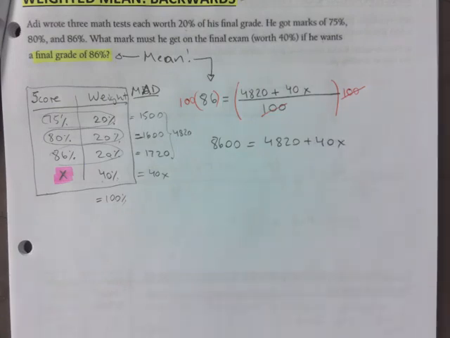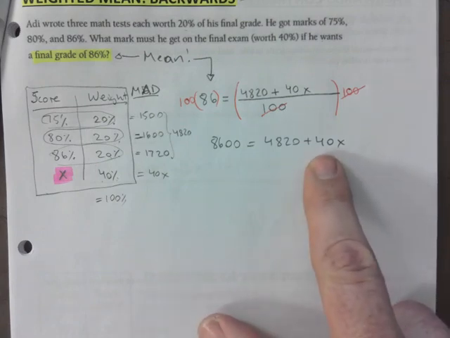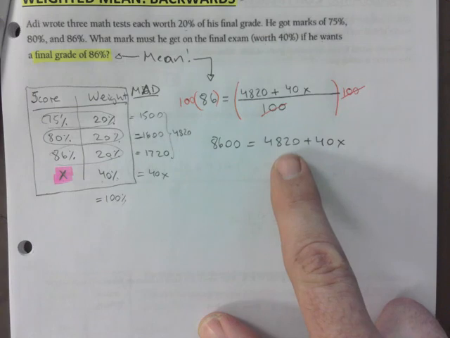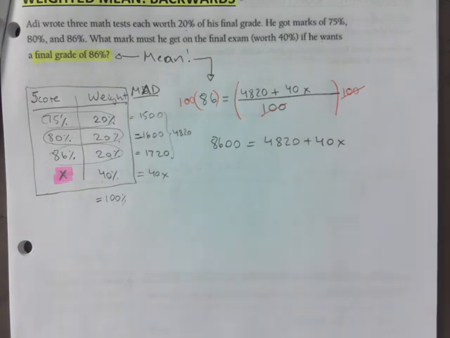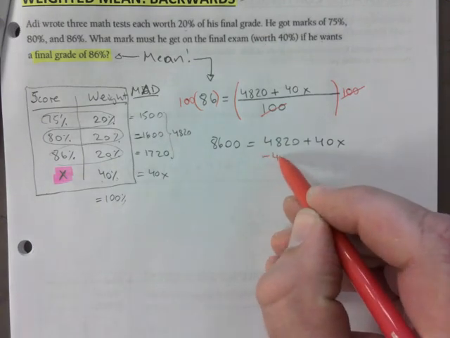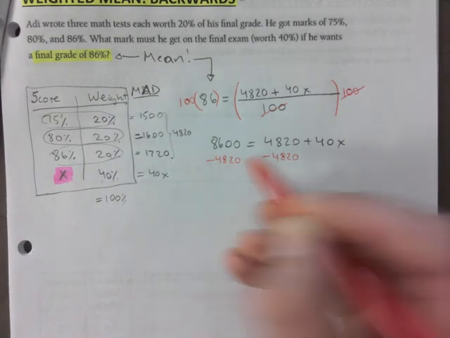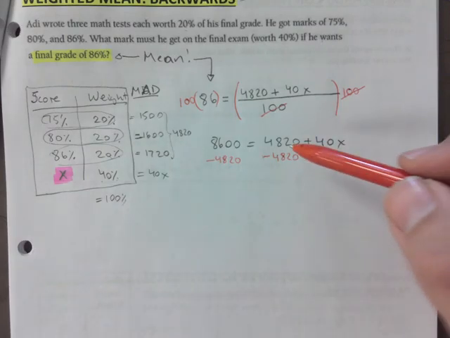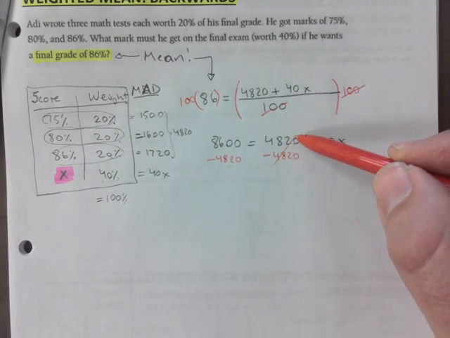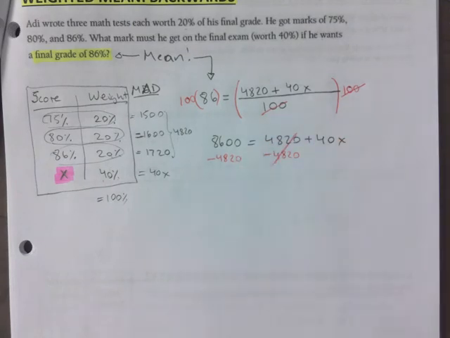Perfect. What's the next step? Don't go right near x. Try to get rid of what's in front of it. So we're going to go minus 4820 and do the same thing to the other side. We're doing that so that this is gone, and all the actual math happens on the other side.